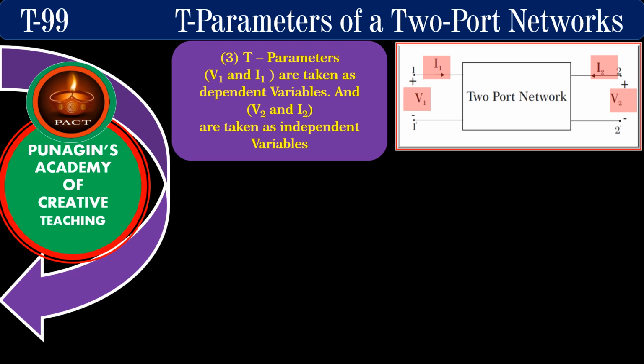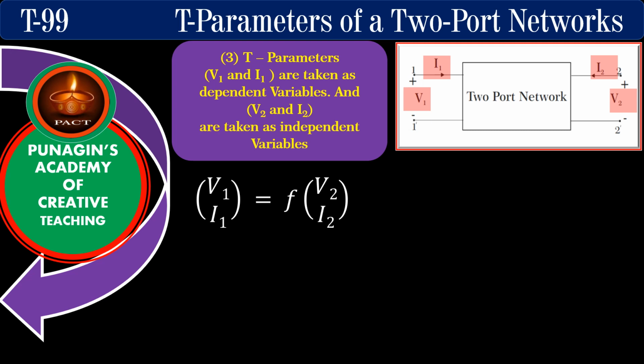So, depending on the dependent and independent variables, we can write the relation as V1 as a function of both V2 and I2, and I1 also is a function of both V2 and I2.